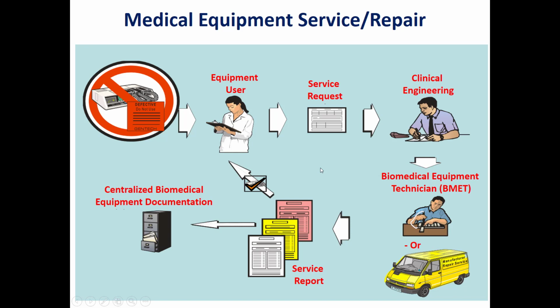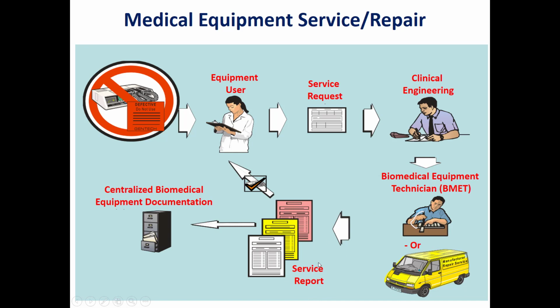Another policy and procedure in the clinical engineering department is the medical equipment service or repair request. In case of a defective equipment, the equipment user will send a service request to the clinical engineering department. Based on that, an assignment will be made for a biomedical technician or biomedical engineer, in the case of in-house labor. In the case of out-labor, it will be sent to the vendor, in case such corrective maintenance is not supported internally or inside the department.